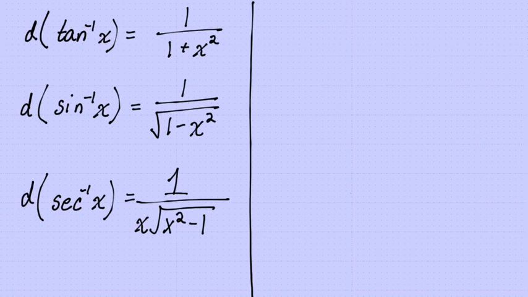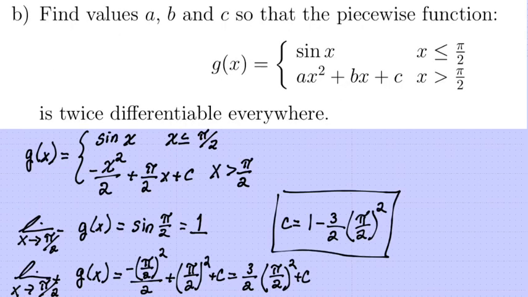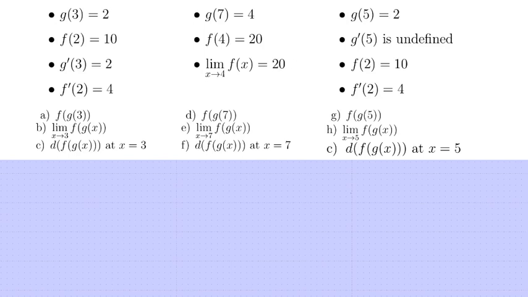For 2 part C, what's the answer for the limits? Yeah. So f of g of 3 is equal to 10. The limit as x goes to 3 of f of g of x.